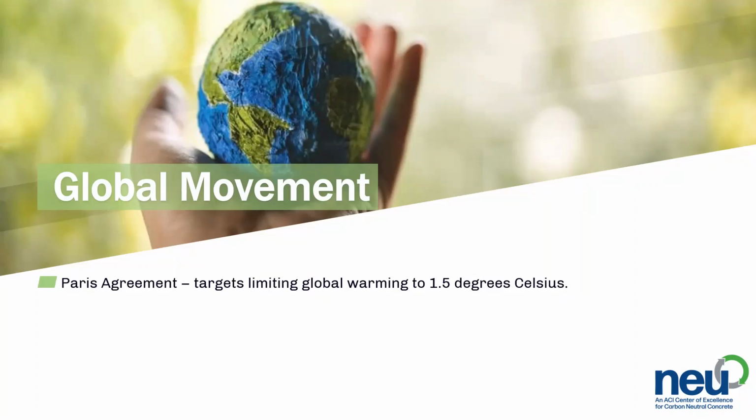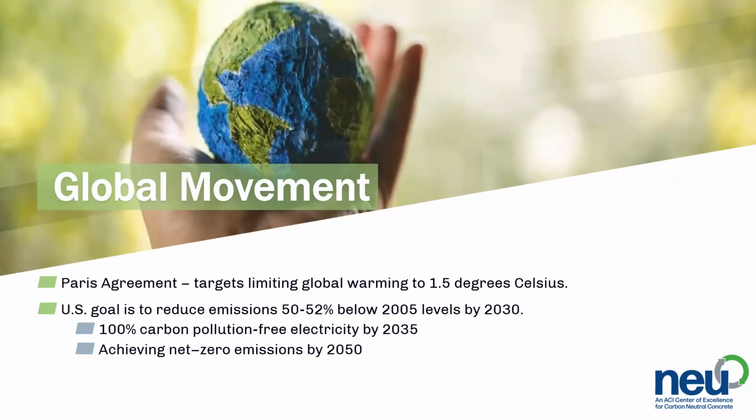Each country, a part of this agreement, regularly tracks and reports progress on individual efforts. The US has the goal to reduce emissions 50% below 2005 levels by 2030, moving to carbon-free electricity by 2035, and achieving net zero emissions by 2050.